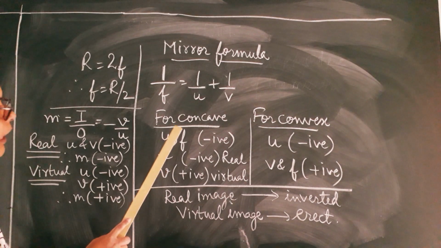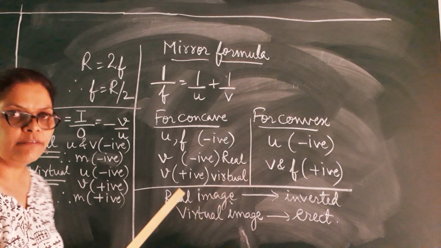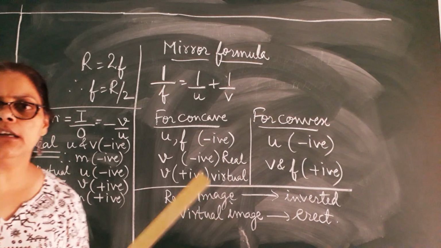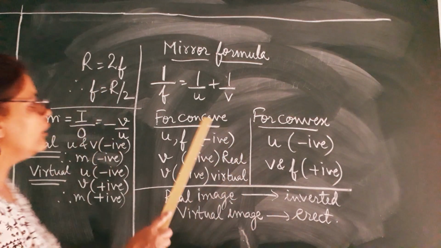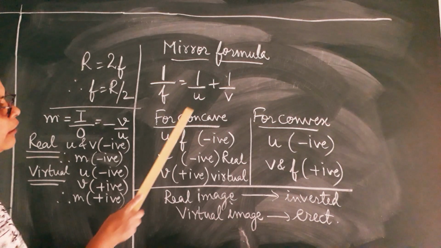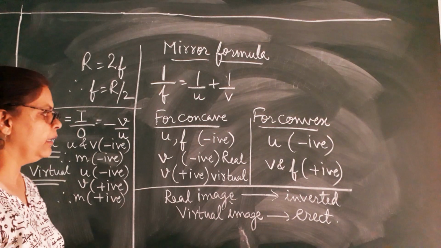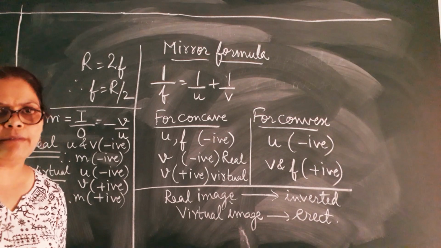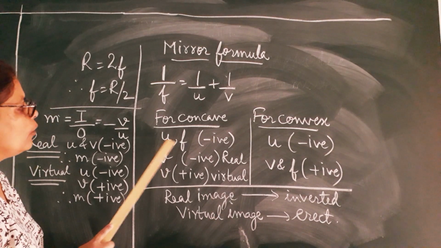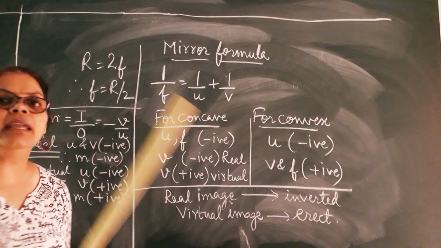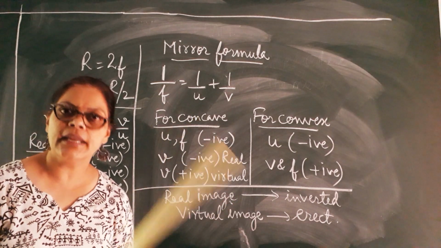Now look at these. These are known as sign conventions and we follow these sign conventions strictly. For a concave mirror, whatever the value of u or f may be, whether it is 2 or 3 or whatever, u and f are always taken as negative.